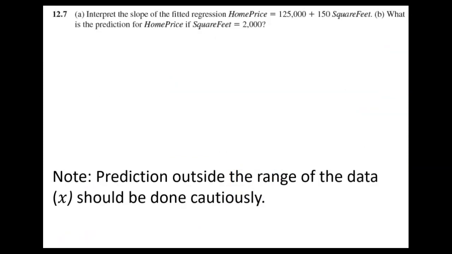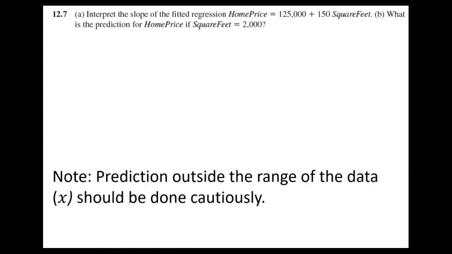So here's an example of an interpretation of a regression model and the prediction of what the value of the dependent variable, or the y variable, would be when the independent variable, or the x variable, is equal to a certain value.